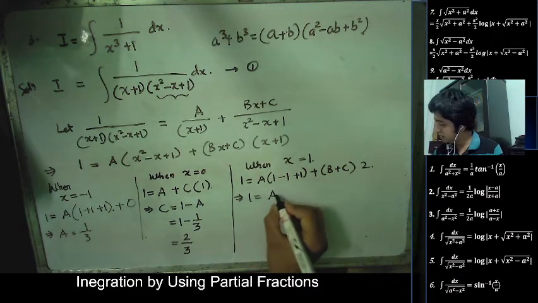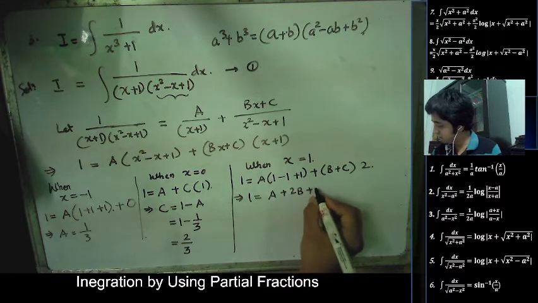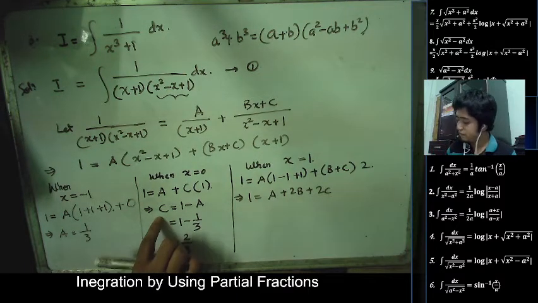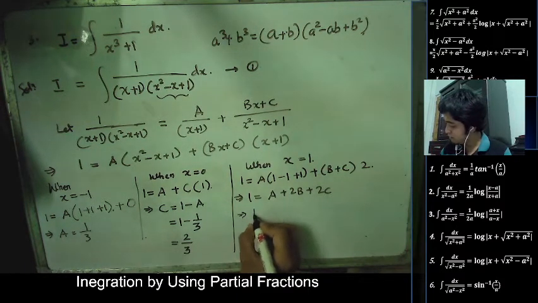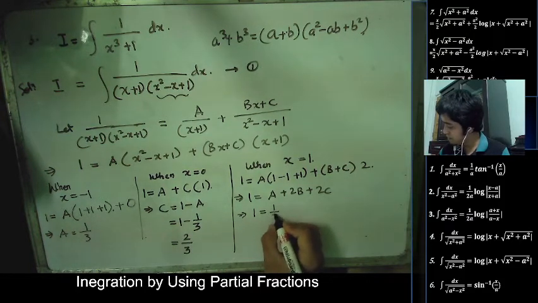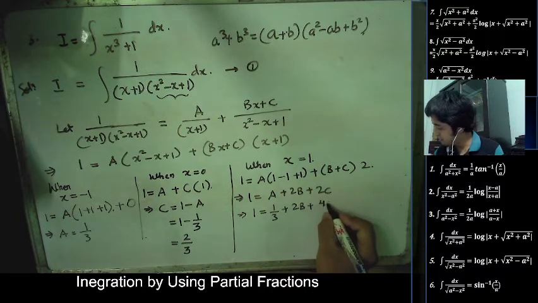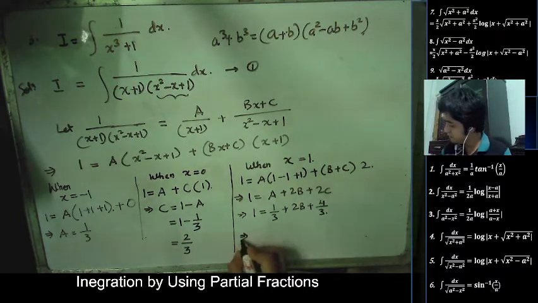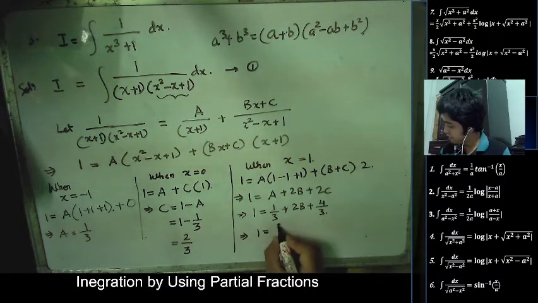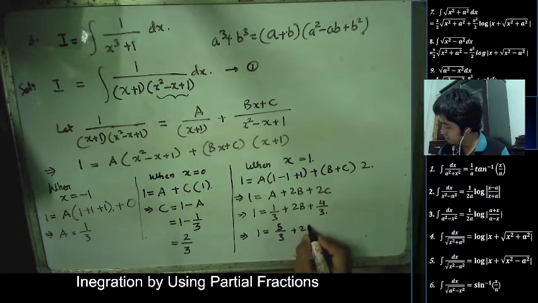So it will be a plus 2b plus 2c. We have already found c. So 1, here it is 1 by 3. 2b, 2c will give you 4 by 3. So 1 equal 5 by 3 plus 2b.